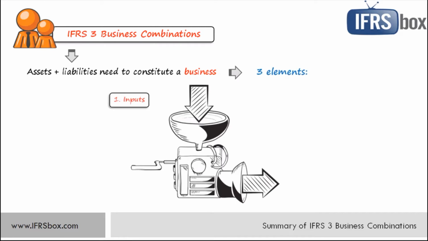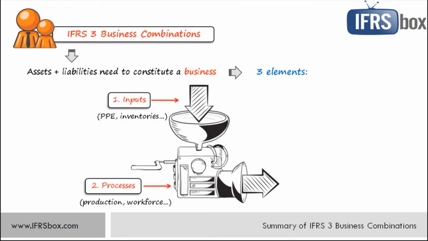Inputs, which is any economic resource that creates or can create outputs when one or more processes are applied to it, for example, non-current assets or inventories or cash. Then element number 2, process or processes.